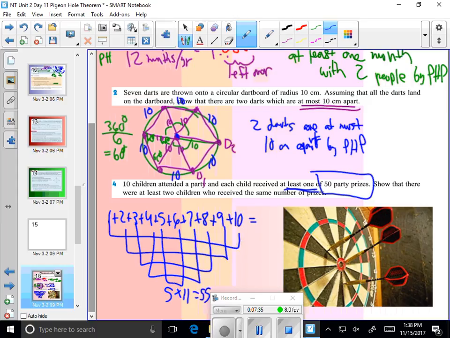So now, here's the hard part. How do you write this? Like that.